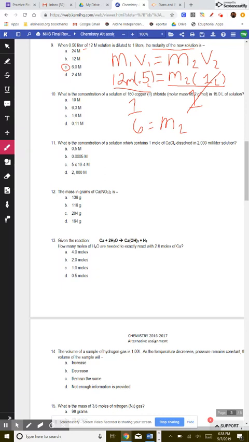Okay, let's look at number 10. Let me erase what I did so we can better see it. Okay, number 10 says, what is the concentration of a solution of 150, that should say grams, of copper chloride? Molar mass is 95.2 in 15 liters of solution.